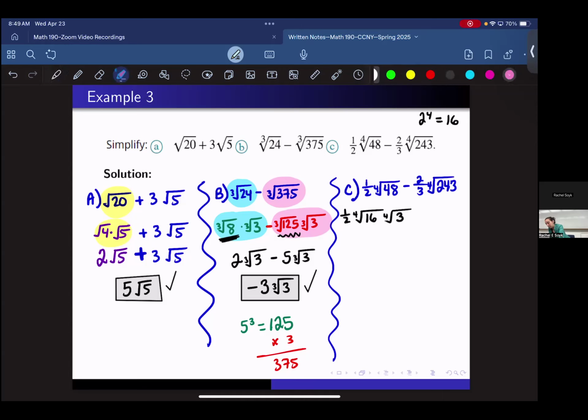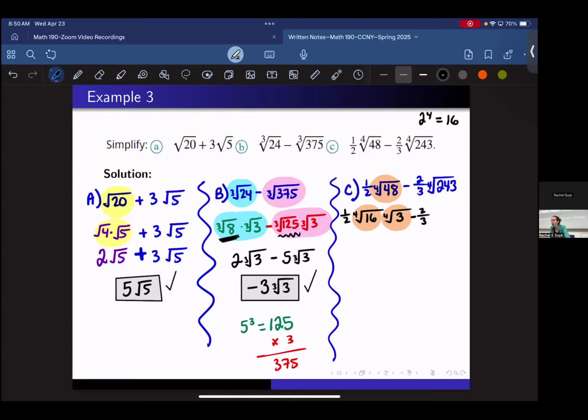And so this 4th root of 48 is just broken up into the 4th root of 16 times the 4th root of 3, because 16 times 3 is 48. And now this second part, we have 243. Does 16 go into 243? Don't think it does. But what number do you know for a fact goes into 243?